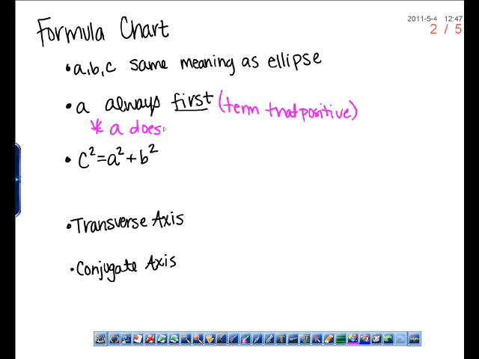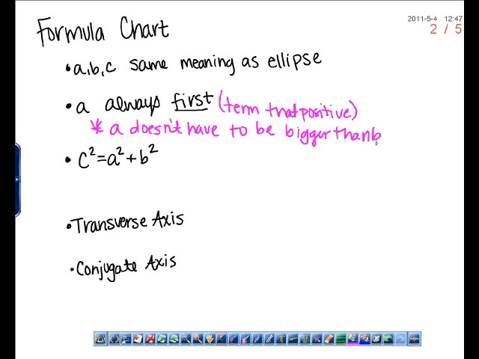It just has to be under the first term. a does not have to be bigger than b in a hyperbola. And where a is determines horizontal or vertical.